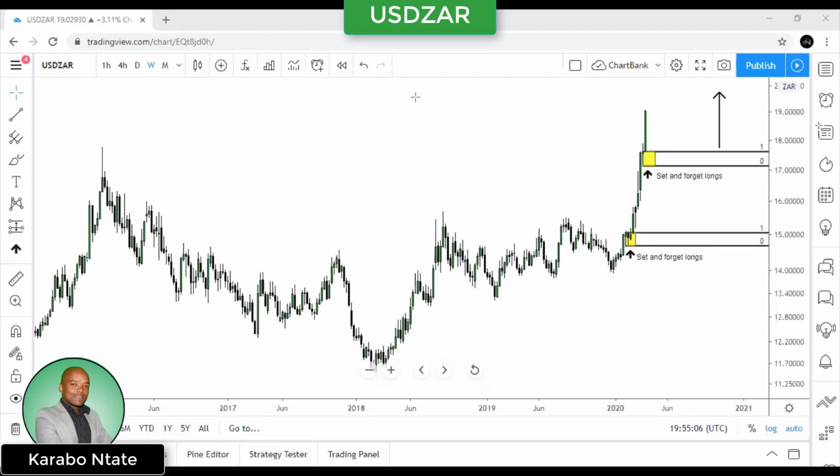Or what we could expect, which is one of my favorites, is a correction forming a flag. So we will be able to buy at this demand zone going higher. So these are two scenarios I'm looking for on USDZAR.